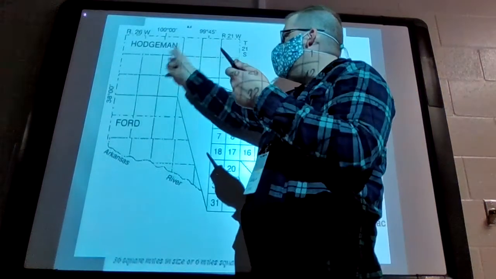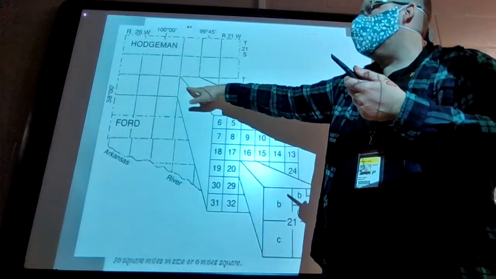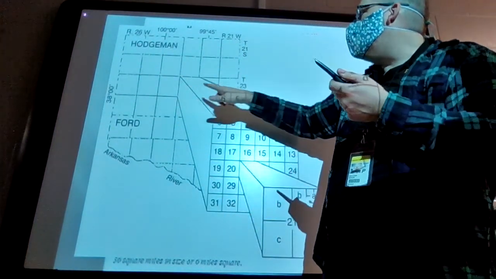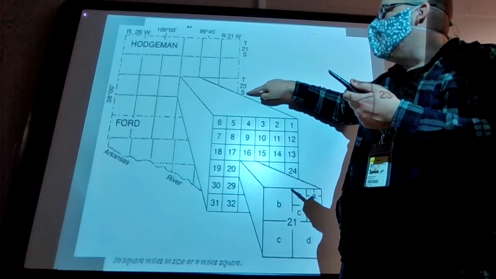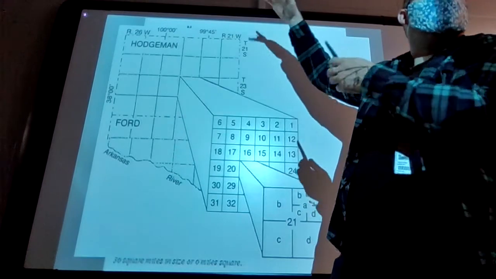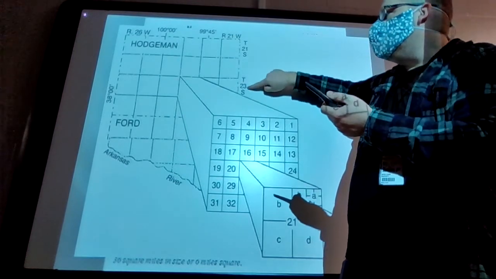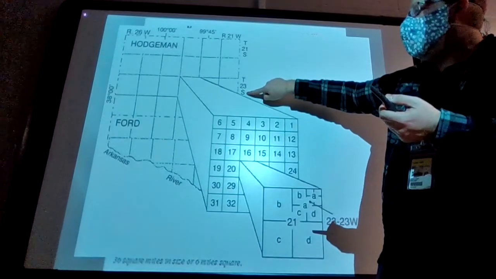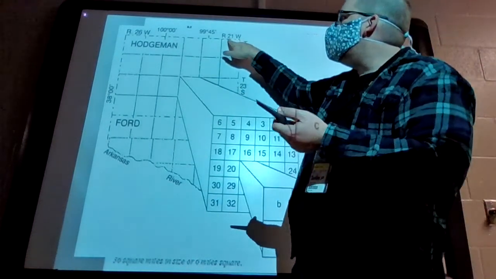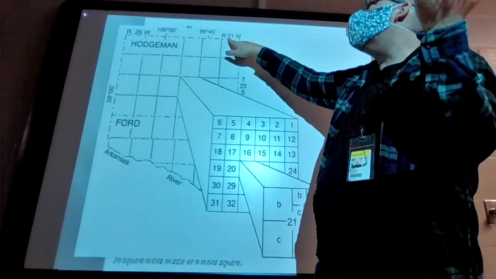Within this map, you have this one square that they're pulling out of. And so I can see that this is Township 23 South. I don't even see the baseline or the prime meridian line, but they have it labeled here. So this whole row is Township 23 South. And up top here, this is range 21 West.